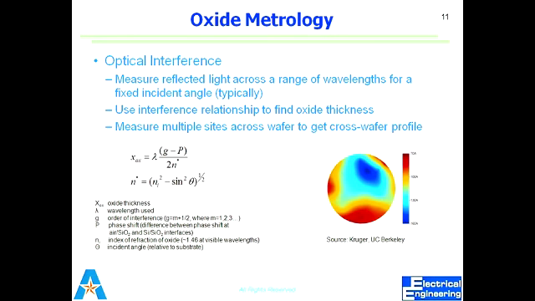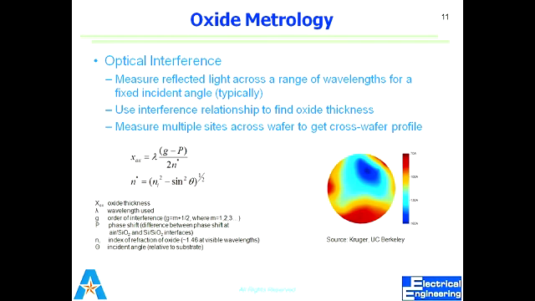In optical measurement, one way is to make use of the optical interference. In that case, you should exactly know the coefficient of refraction for the specific oxide layer, because the process and the conditions by which you have grown that oxide will change your coefficient of refraction.